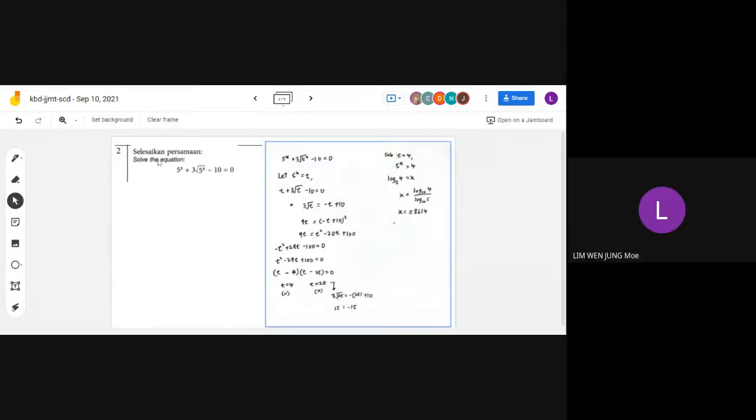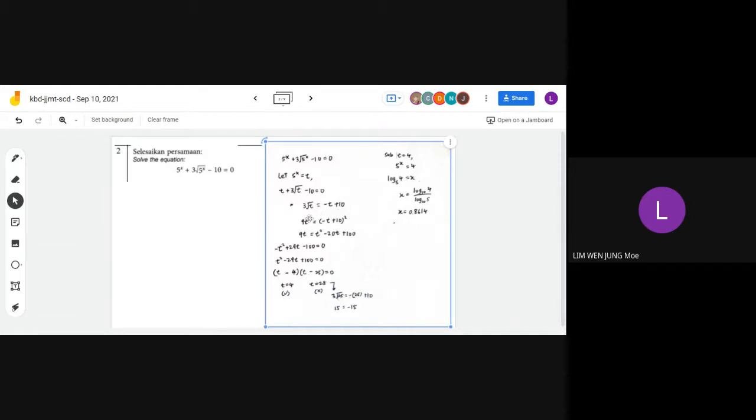Right, so the question asks, solve the equation 5 power x plus 3 times square root of 5 power x minus 10 equals to 0. So first, I let 5 power x equals to t. So you sub into the equation. Then you move negative t and negative 10 to the other side.